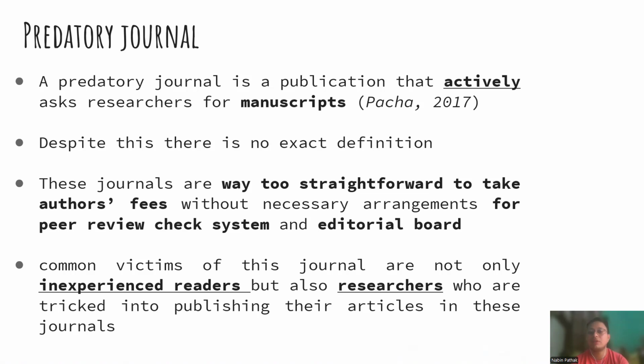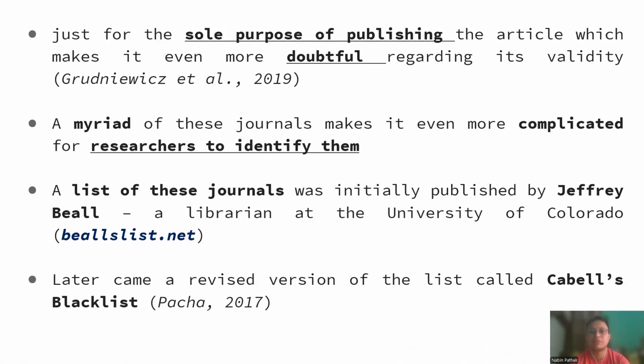So the common victims of these journals are not only inexperienced readers, but also researchers who are tricked into publishing their articles in these journals, right? In many research centers and academic houses, when we talk about promotion, we talk about publishing different kinds of papers, and because of promotion issues and other issues, we get lured into these activities, thus publishing our papers in these journals.